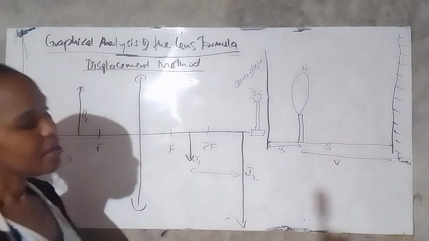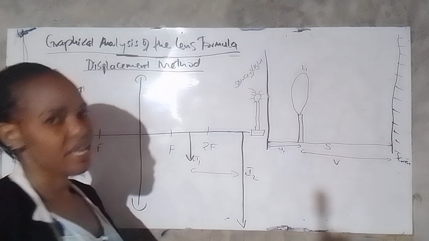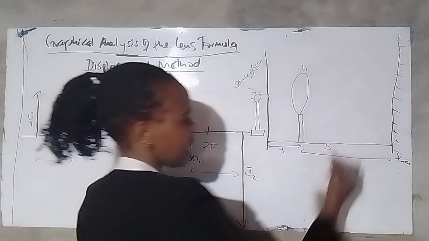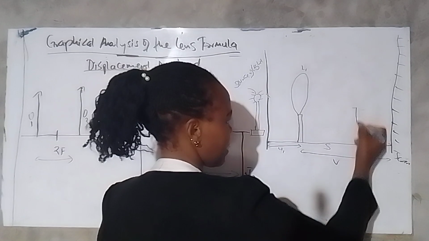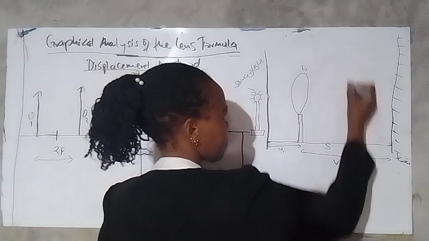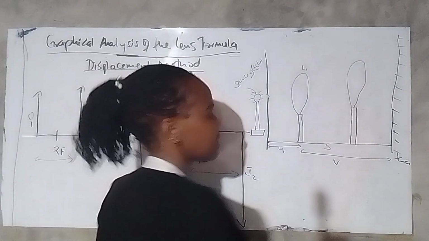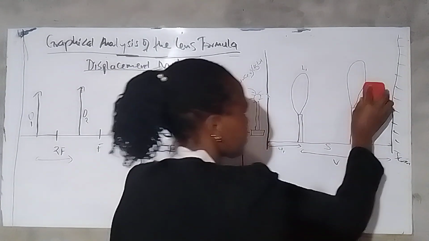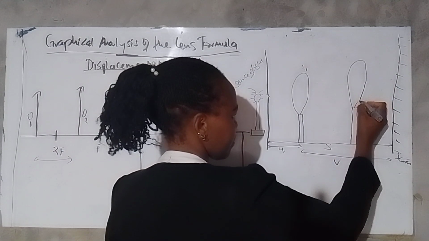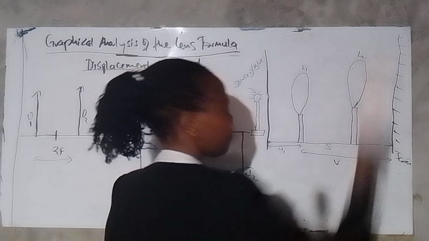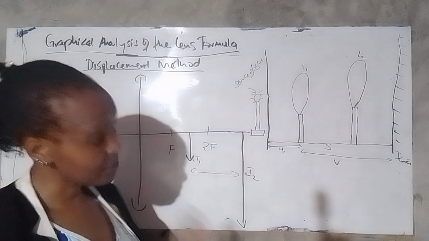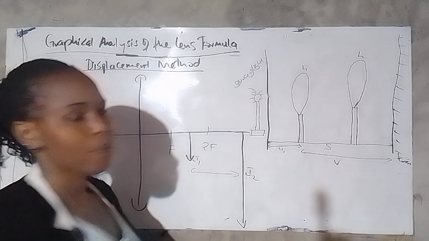Okay? Now I change the position of my lens so that now it changes position maybe to somewhere here. So it's the same lens. The lens has shifted position from point 1 to point 2. The same lens. But why have I shifted my lens?